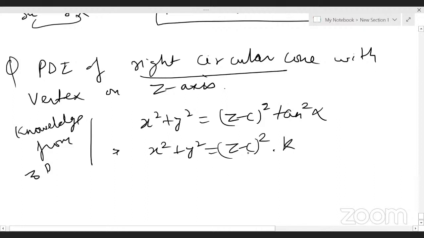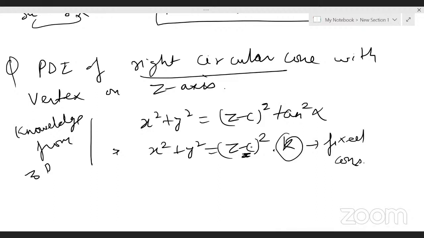And now you have to eliminate c. That's all, right? You have to eliminate c because alpha is a constant. This is not an arbitrary constant, this is a fixed constant. Otherwise, the cone will not be a right circular cone. Right circular cone means it has a fixed angle. You have just one arbitrary constant, so obviously the equation will be linear, and you can easily do it.